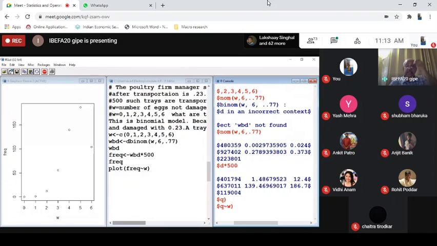Approximately 187 trays have 1 per tray damaged. Similarly, 139 and so on. And more complaints will be for 0, 1, 2.